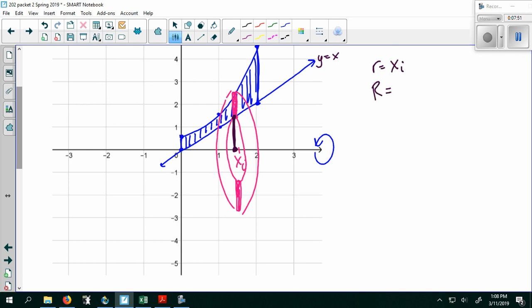And then big R is the distance from the center to the far point on the representative rectangle, this distance in green. The center is y equals 0, and this far point on the rectangle is on the curve y equals 1/2 plus x squared. So big R is 1/2 plus x sub i squared.